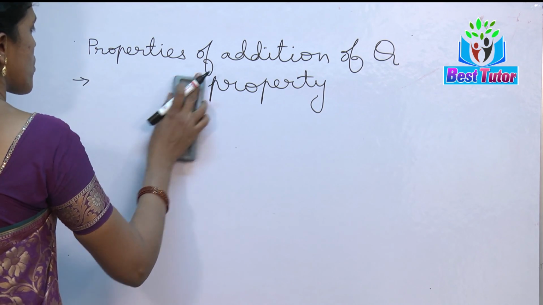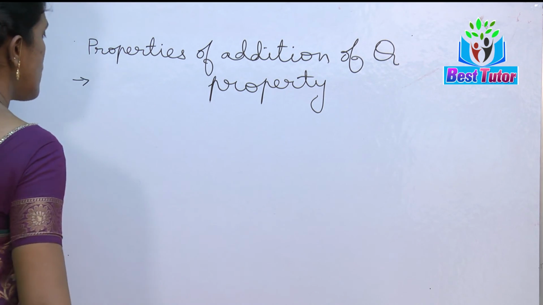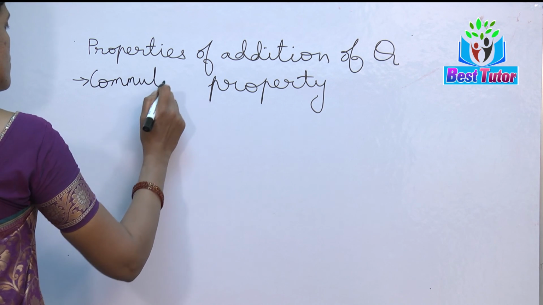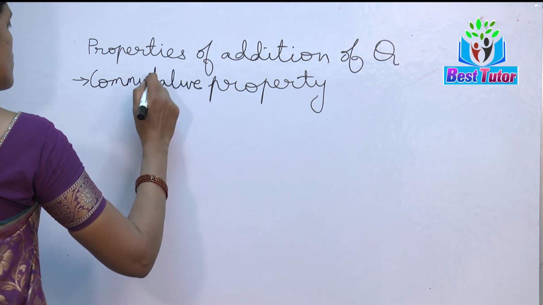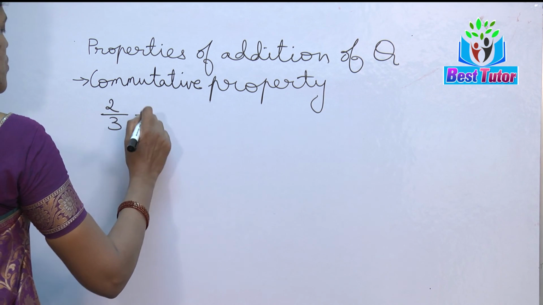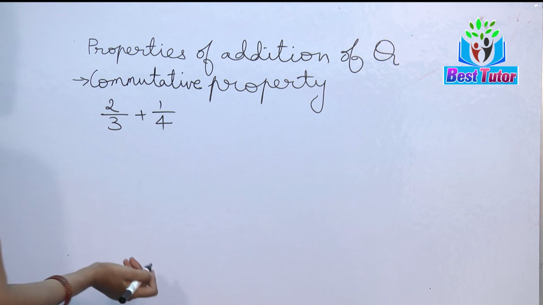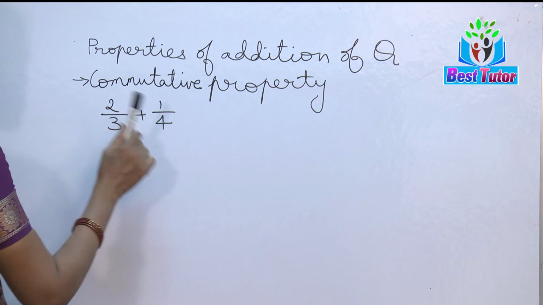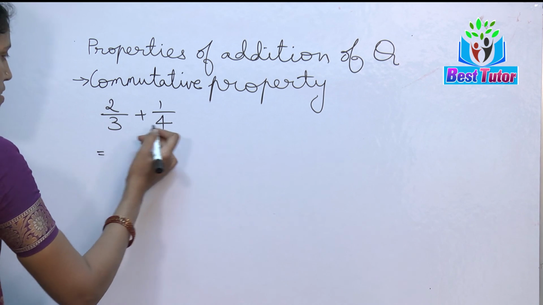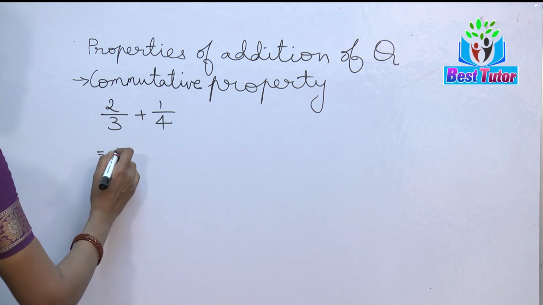Moving on to the second property, which is commutative property. What is commutative property? 2 by 3 plus 1 by 4. I have chosen two rational numbers and I am going to find out the sum. Again, the LCM of 3 and 4 is 12.